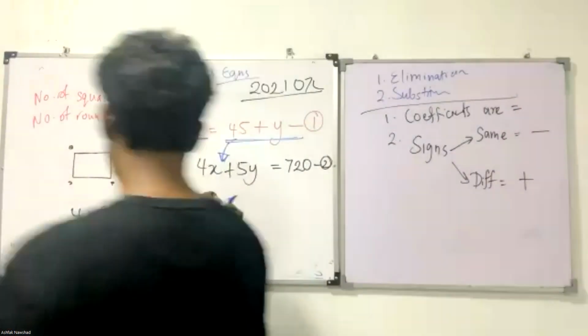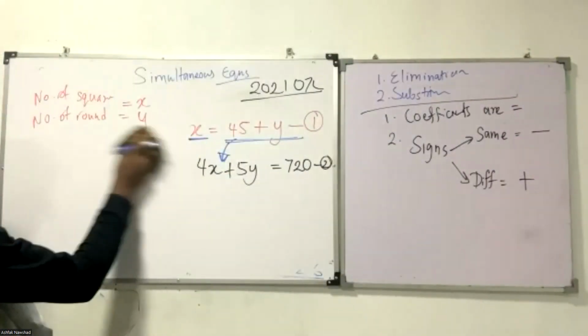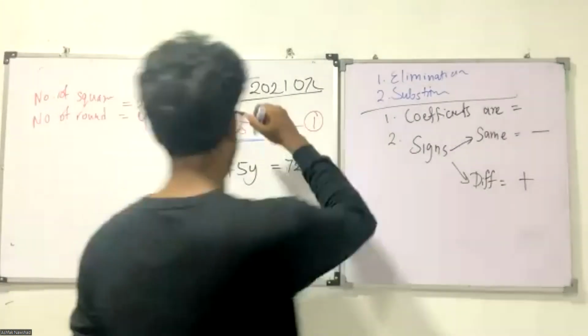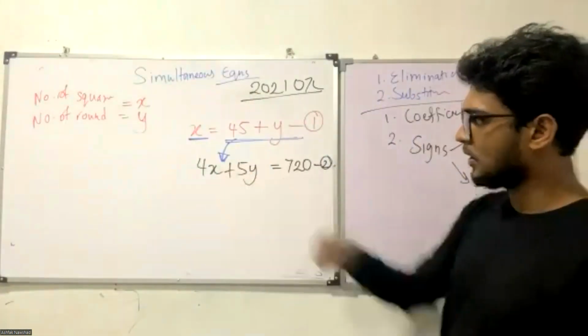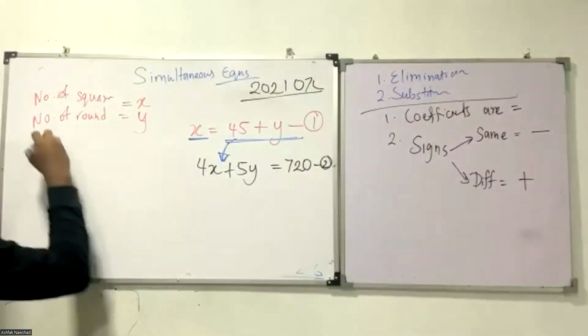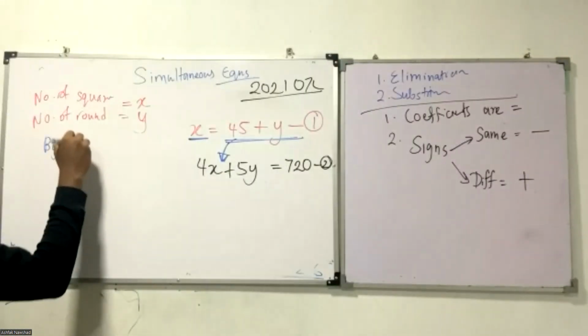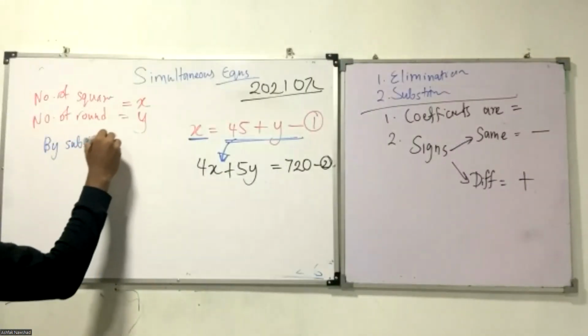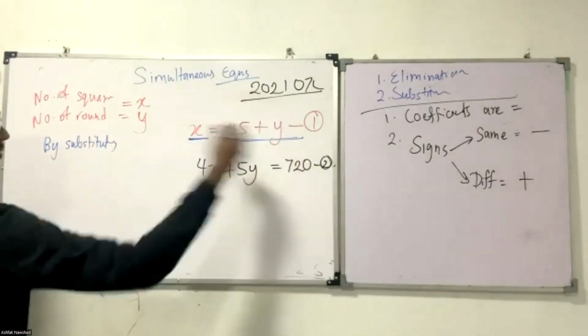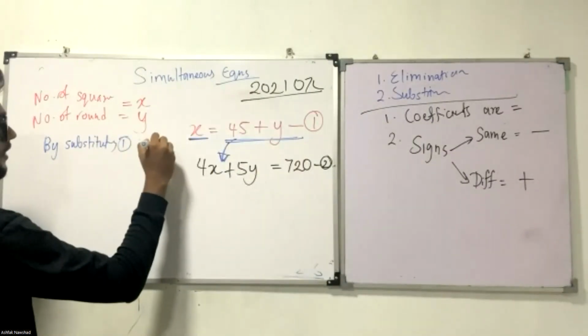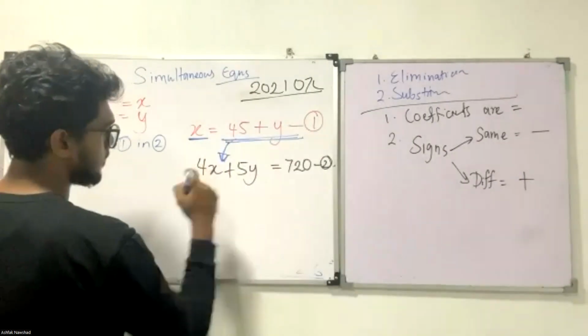Right? So I'll erase this. I'm going to plug this into here. So I'll write, by substituting equation 1 into equation 2, I'm going to write this instead of x.